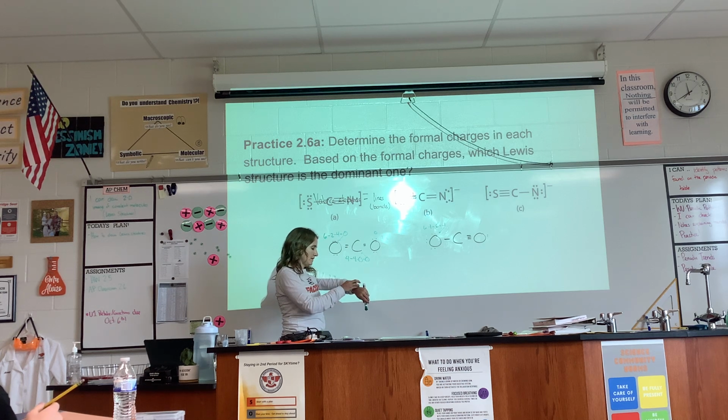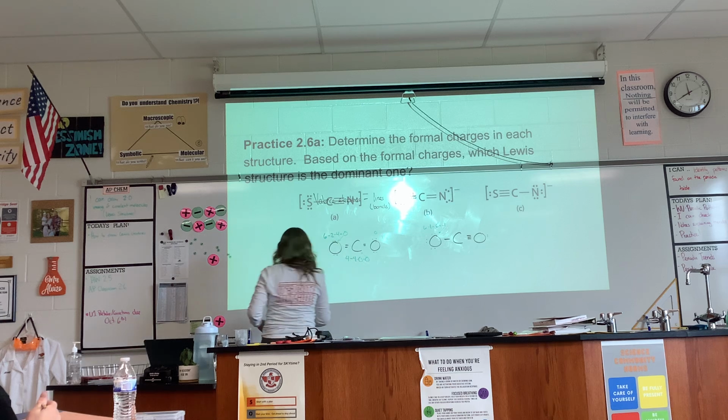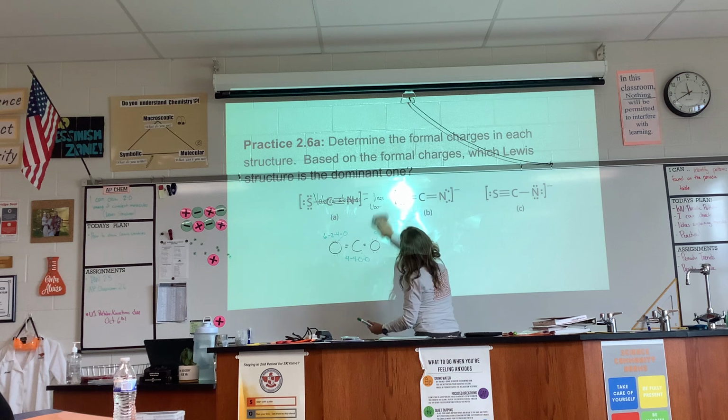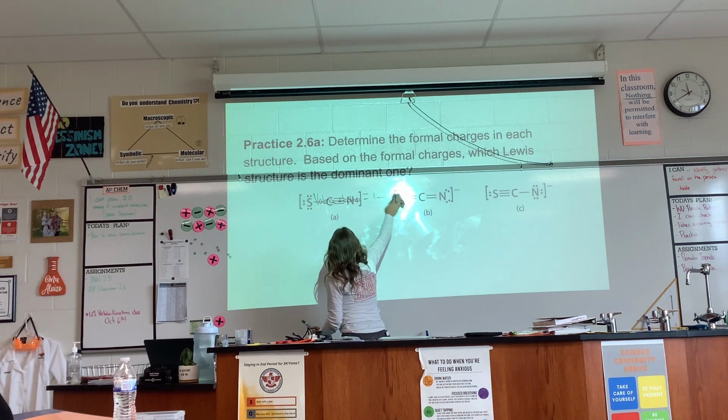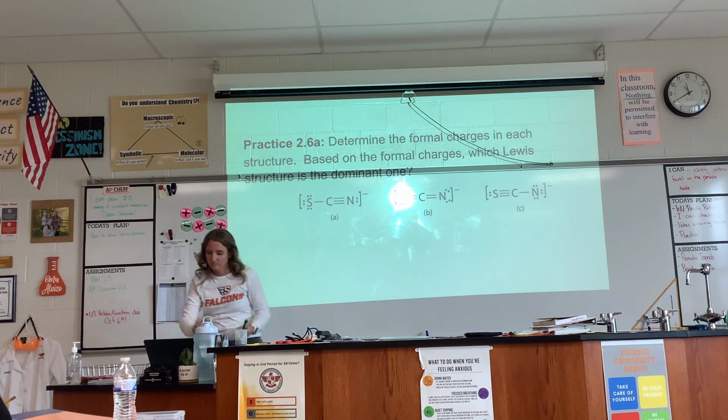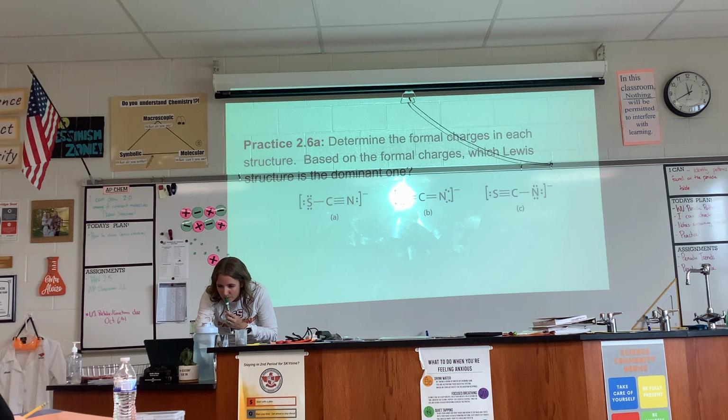So S has 6 originally. 6 minus 1 minus 6, so negative 1. Times 4. It's 5 minus 2 lines, and N is minus 2 lines.